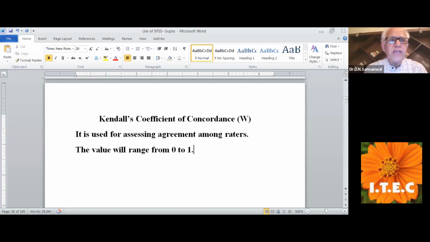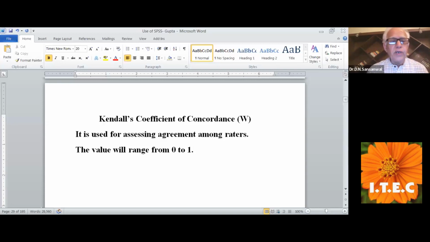If it is 0.5, some of the judges agree and some of the judges do not agree. So your value must be quite close to 1. If it is towards 1, then it means that yes, the agreement is there, it is a strong agreement, and you can make the decision.